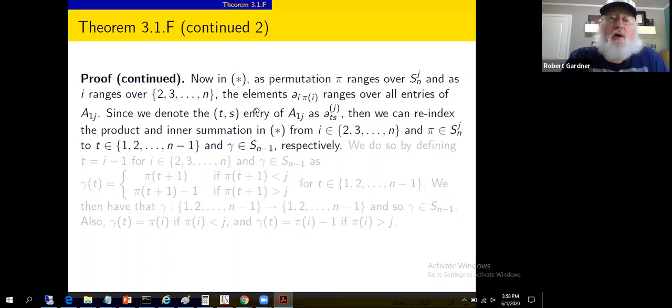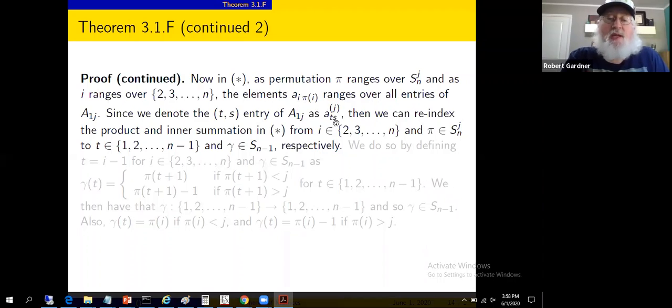So we do get all of the A sub TS super J's. Just coming by for a brief visit. We won't see this guy again for a couple of slides. But we've denoted those entries of A sub 1J as A sub TS super J. So as I ranges from 2 to n, then we get these elements to range over all of these elements.